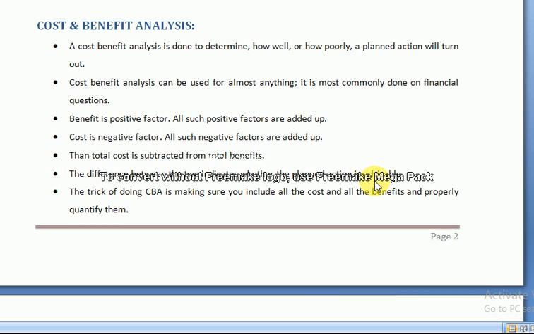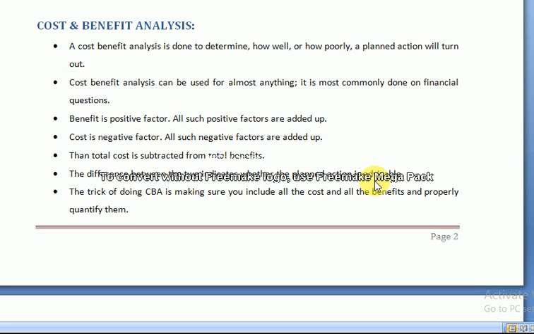In cost and benefits analysis, benefits are the positive factor. First we find out the related benefits of that work or activity, calculate them one by one, and then sum them up. Costs we consider as negative factors.